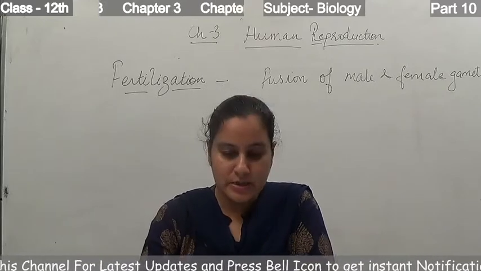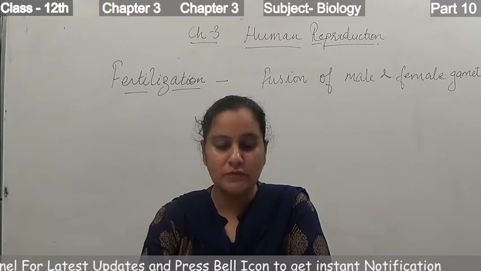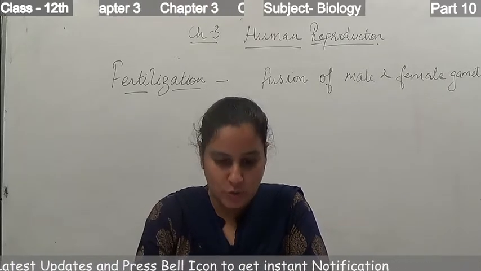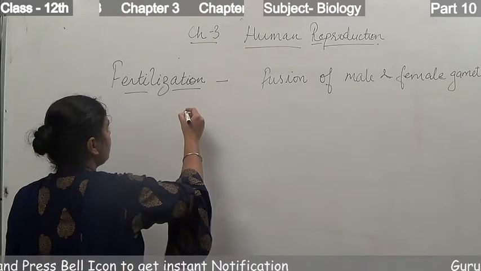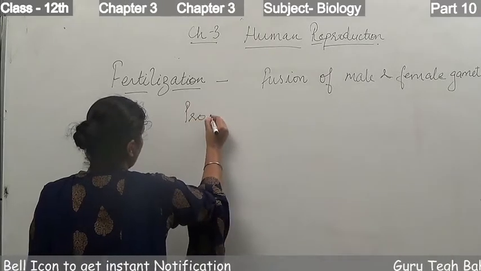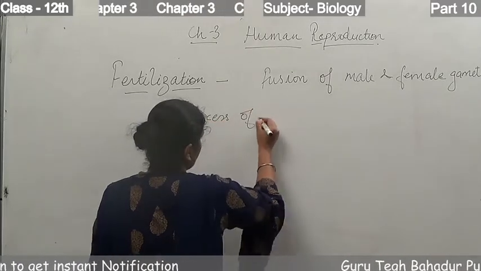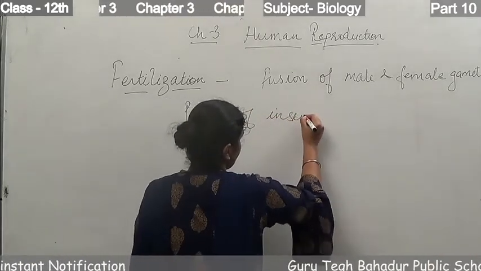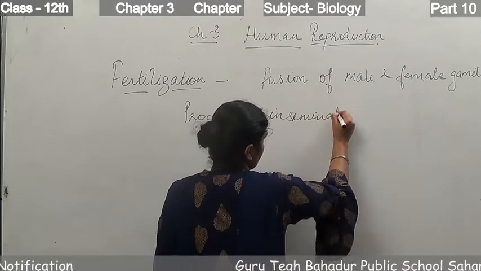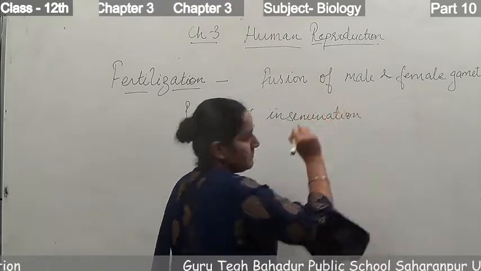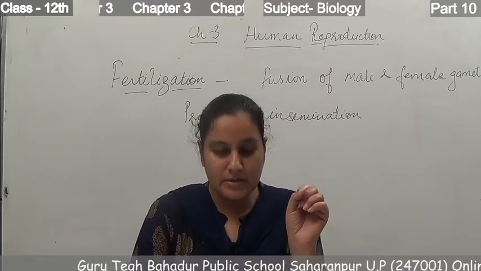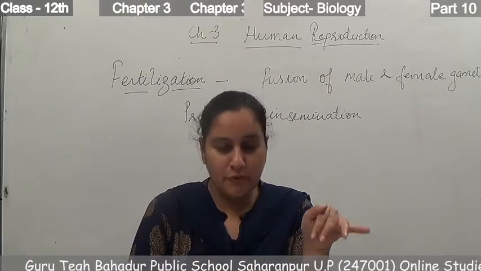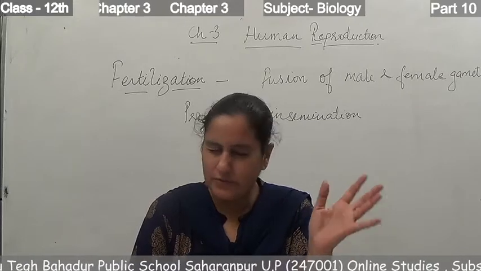Semen is released by the penis into the vagina, and that process is known as the insemination. So firstly, the process of insemination occurs. Means the male gametes are transferred by the penis into the vagina of the female.